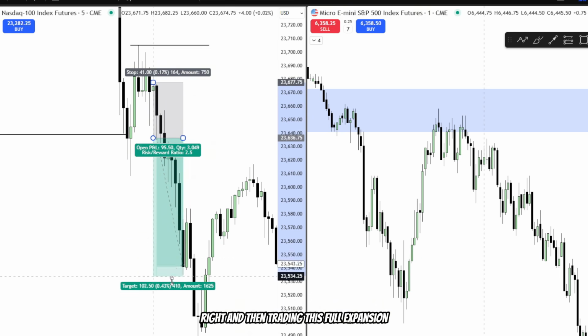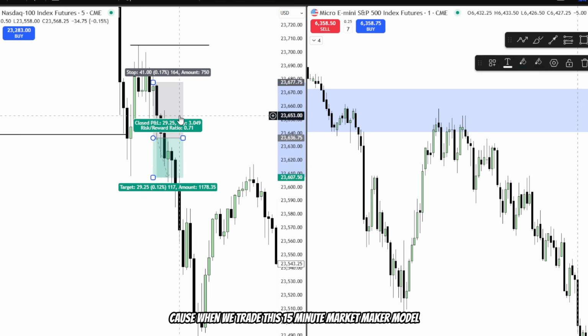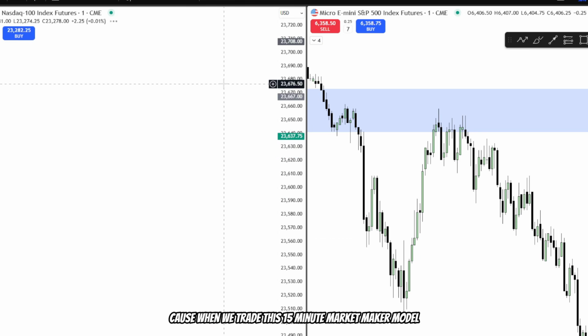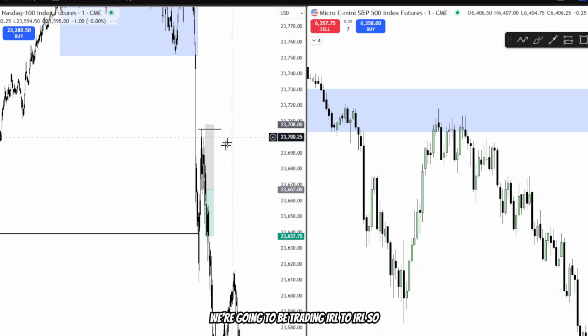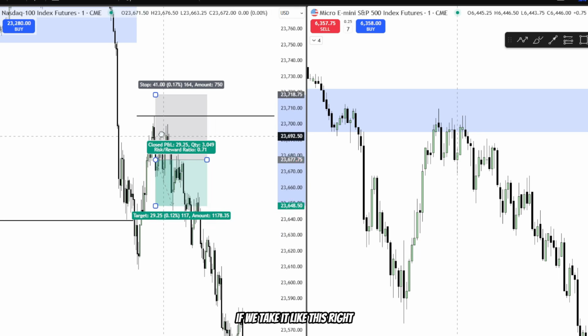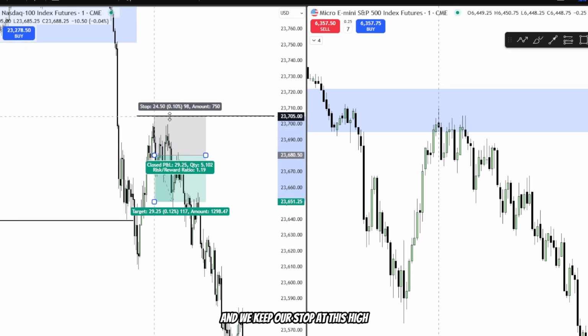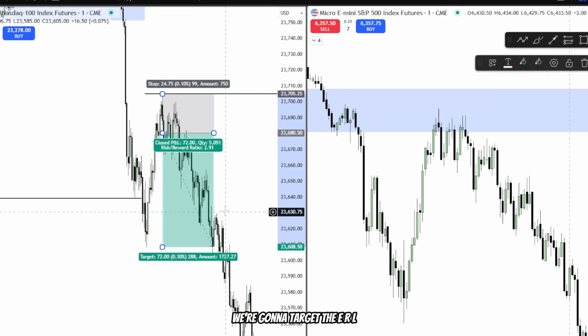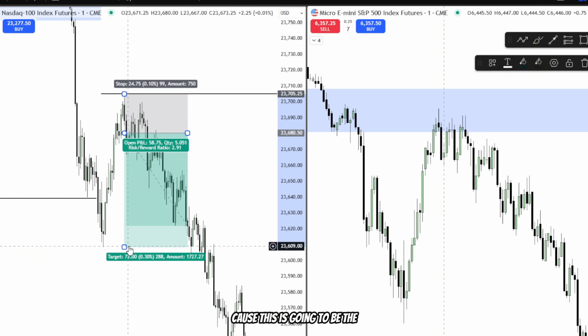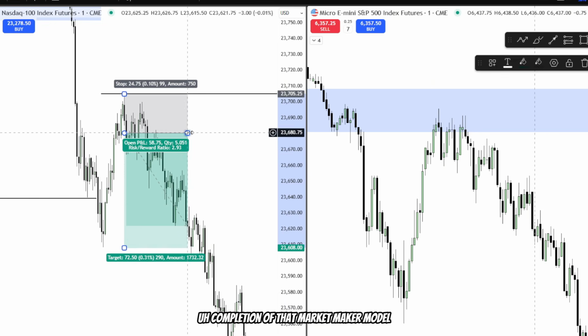And then trading this full expansion. Because when we trade this 15-minute market maker model, we're going to be trading IRL to ERL. So if we take it like this, right, and we keep our stop at this high, what are we going to target? We're going to target the ERL, the 15-minute ERL, because this is going to be the completion of that market maker model.